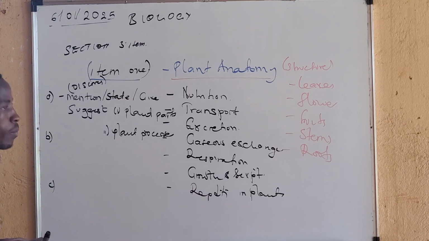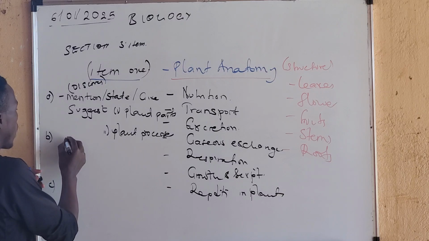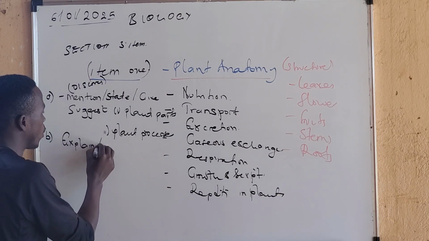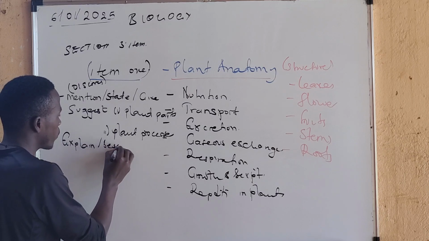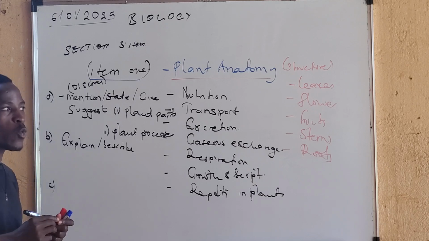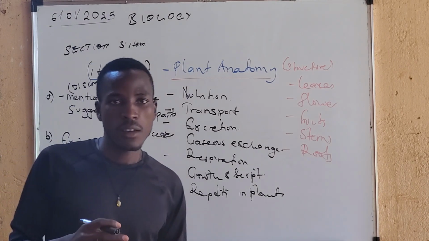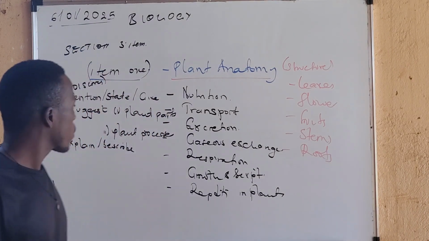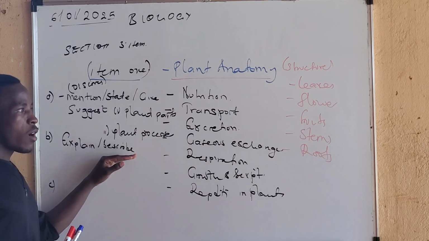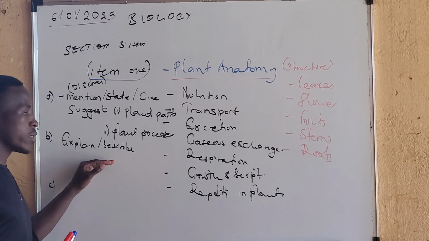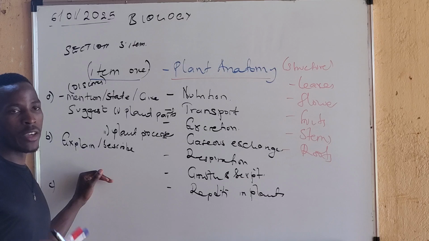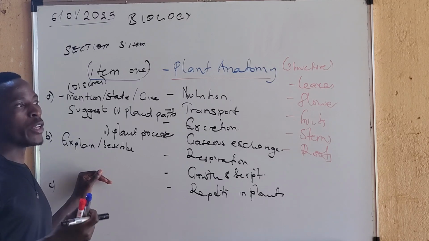Part A only scores 1 score. Now part B, they always ask you to explain or describe how the plant processes were hindered due to the available hindrances.